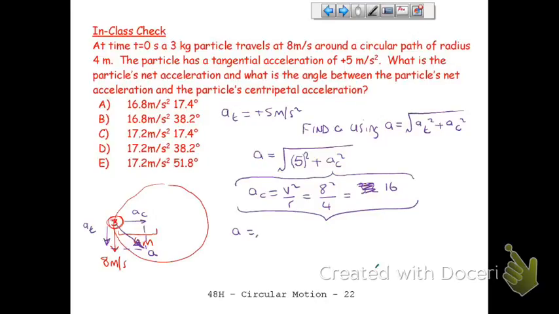A is equal to the square root of 5 squared plus 16 squared, which equals the square root of 25 plus 16 squared, which is 281.